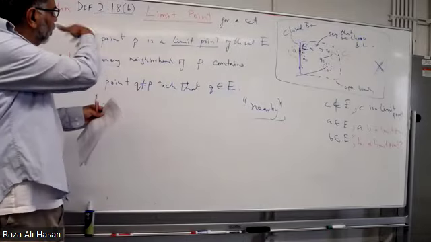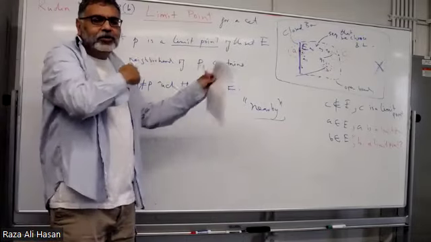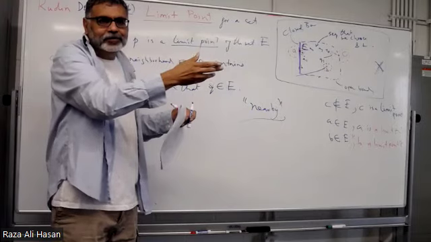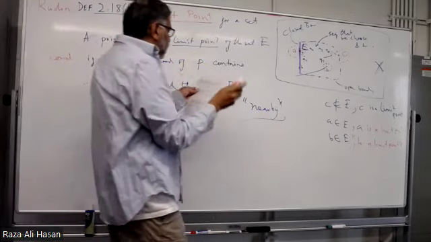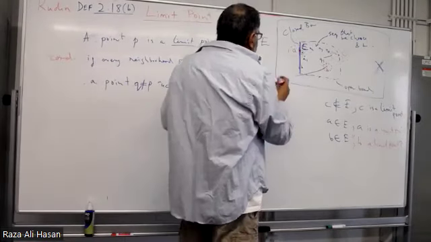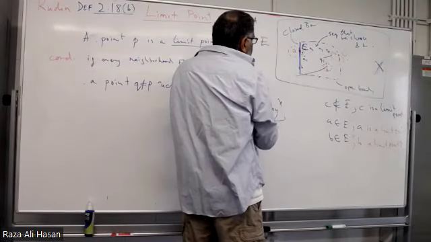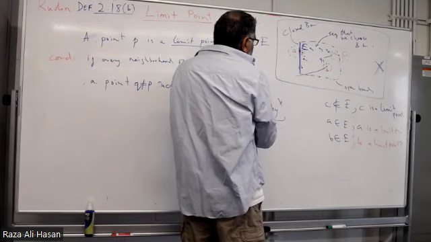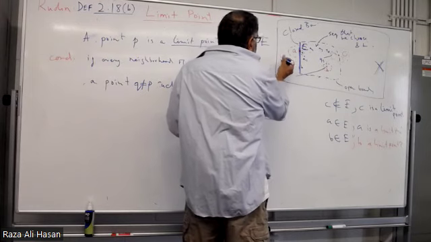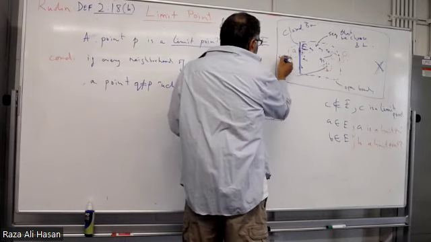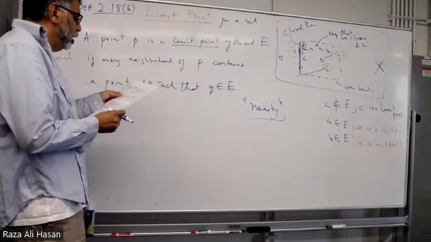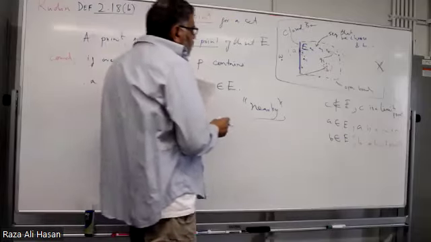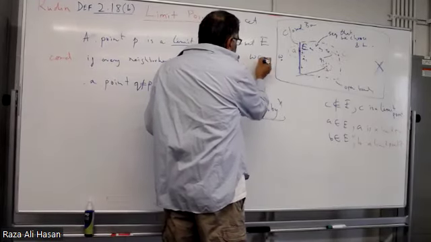Because this is topology, you're talking about what is near and what is far away, right? I'm going to throw in another point here, W. And I'm going to say that W is here, and it is not an element of E. So I'm going to define it right here.